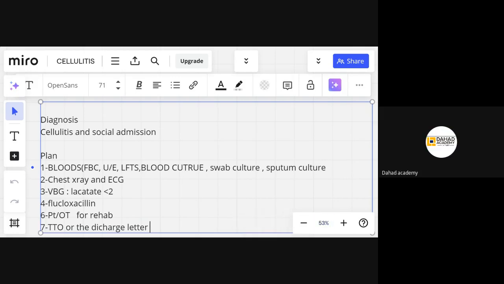So cellulitis is a really easy one, but there is something you need to have a look at. Let me share something with you.